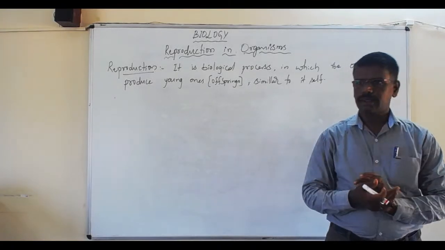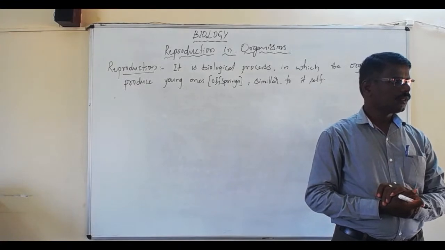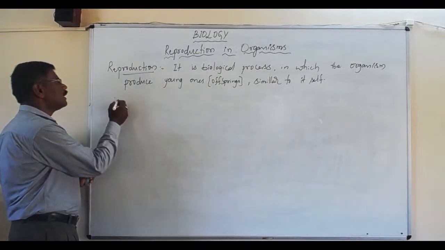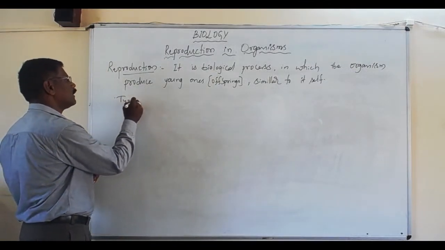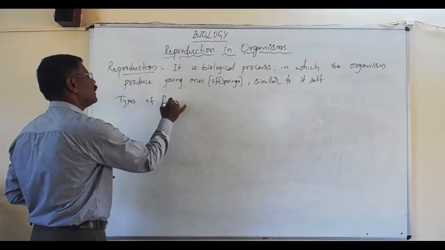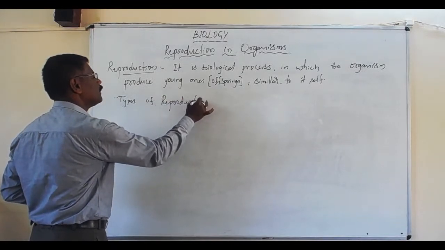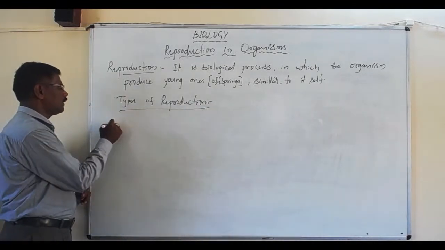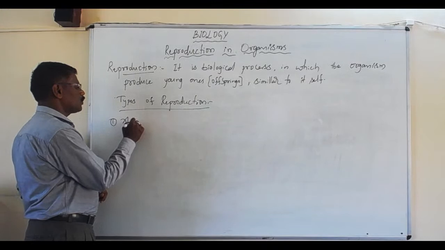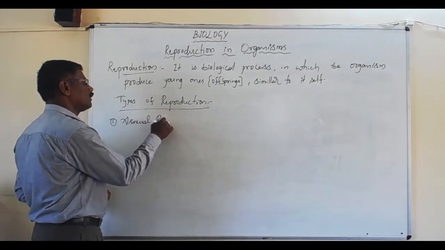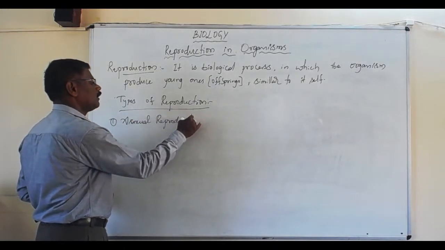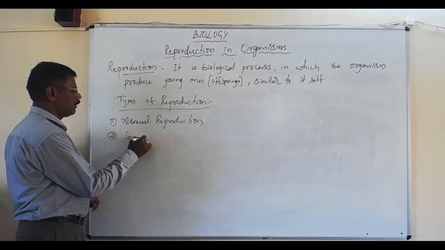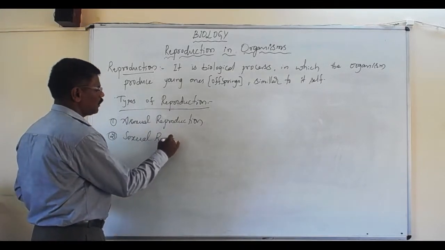So do you know what the two types of reproduction are? The first one is asexual reproduction. The second one is sexual reproduction.